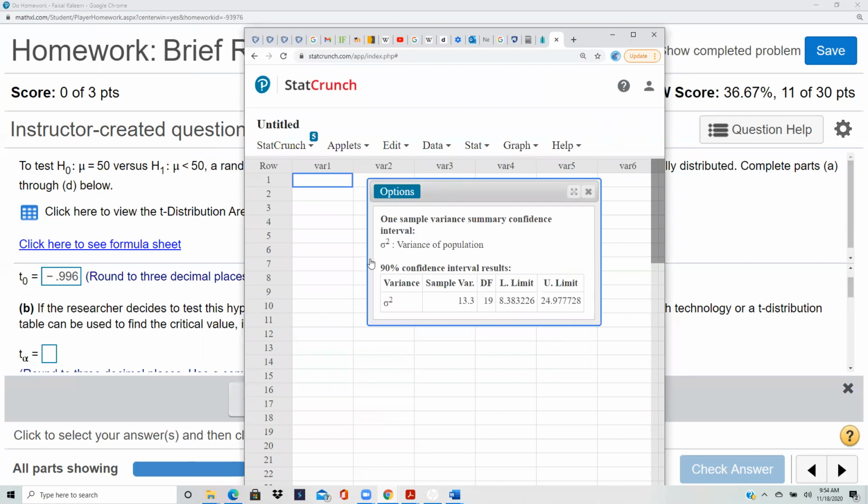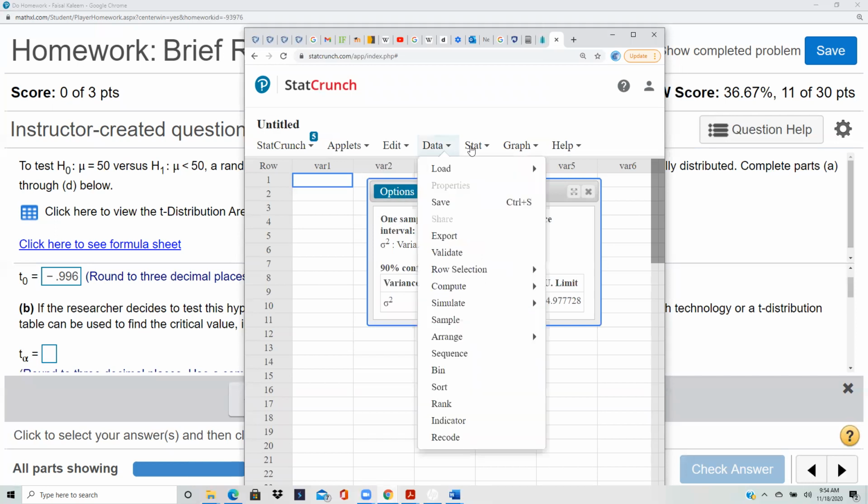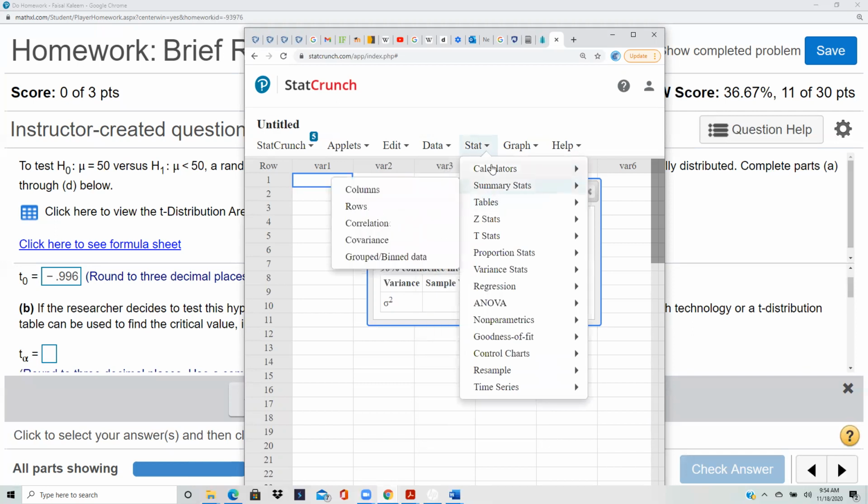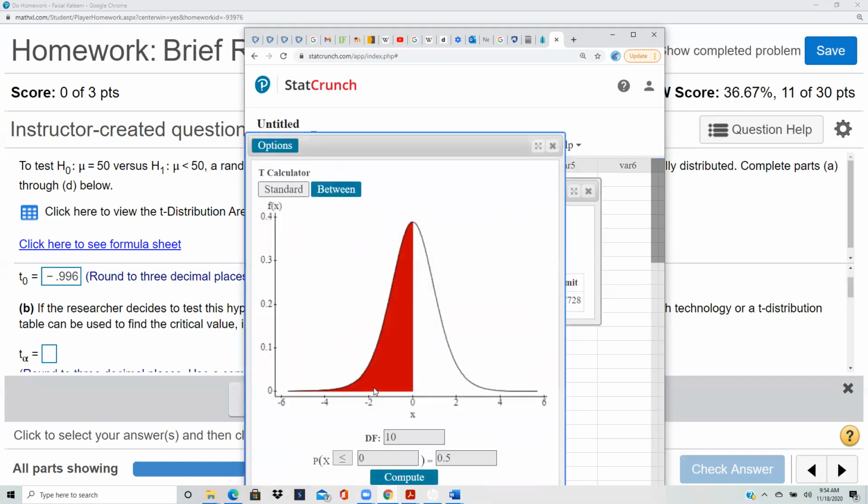Oh God, I don't know where that window is. We may need the P value at some point, but okay. So stats calculator T. Okay, and then what do I put in it?